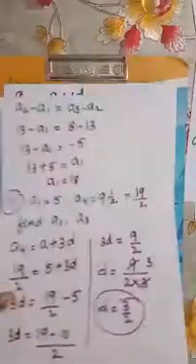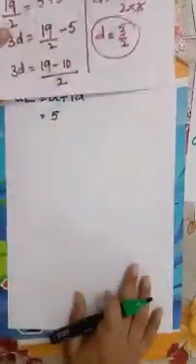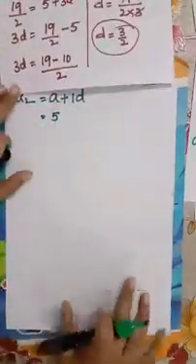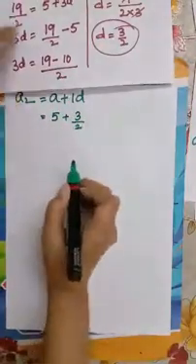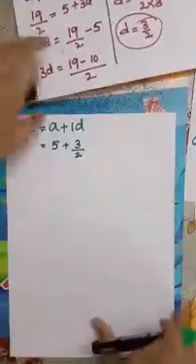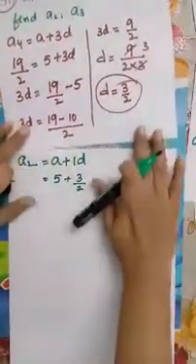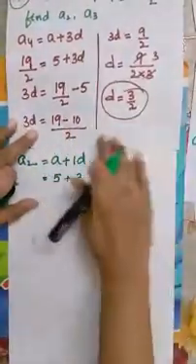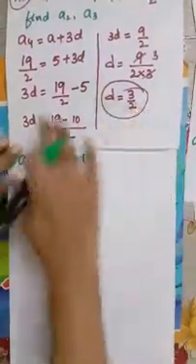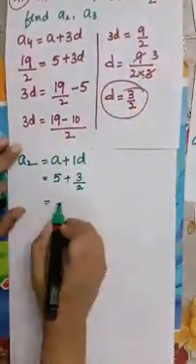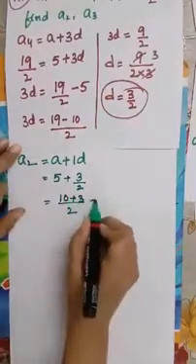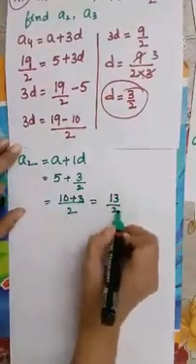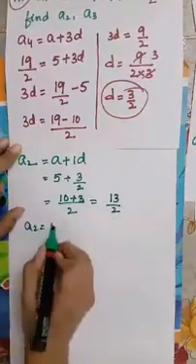See, A is given as 5, and just now we got the value of D. D कितना है हमारा? 3 by 2. Okay, D we got as 3 by 2. Now take LCM. LCM is 2. 5 2s are 10 plus 3, that is 13 by 2. A2 is 13 by 2.